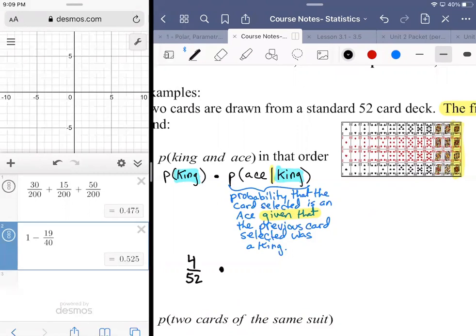It could be the king of hearts, king of diamonds, king of spades, king of clubs, any one of those 4. So we assume that we got one of the kings on the first trial.